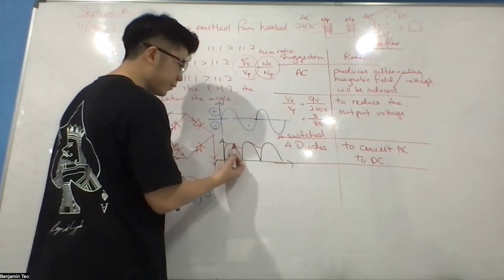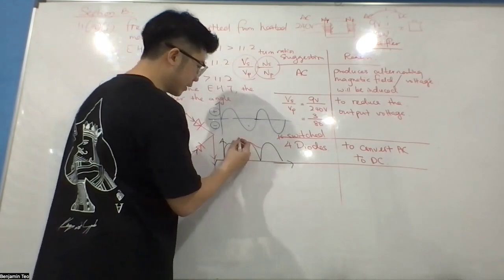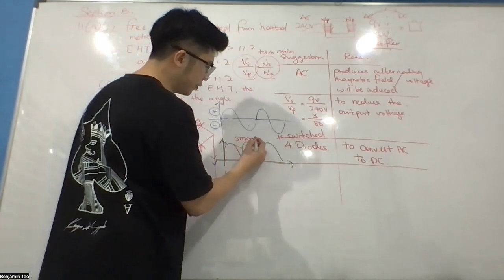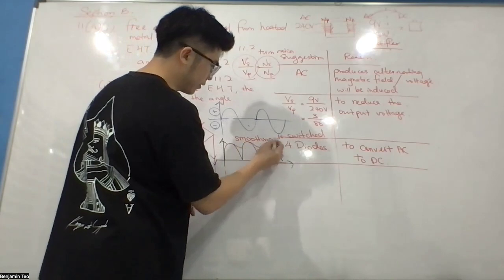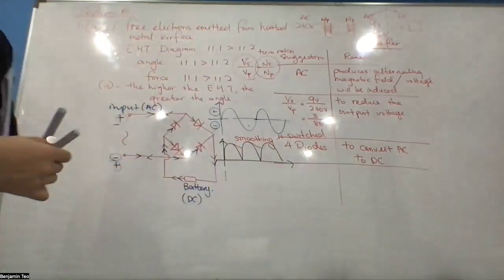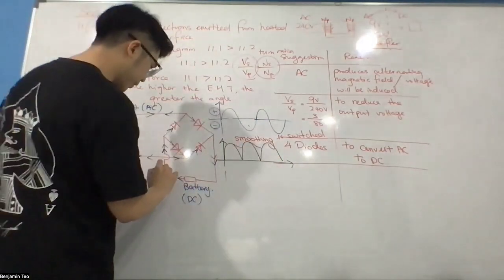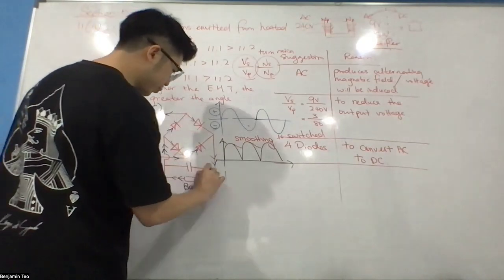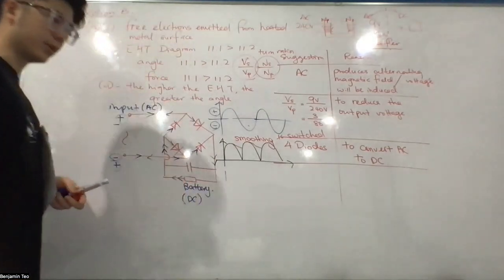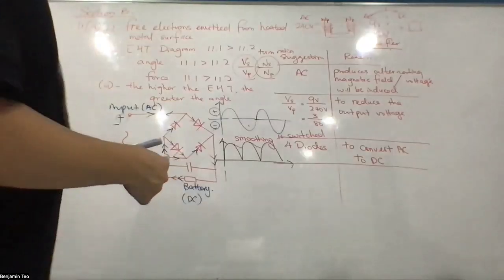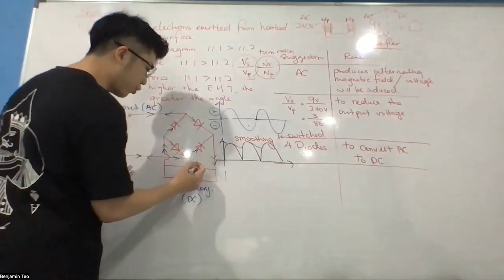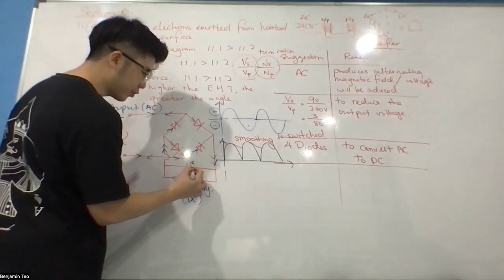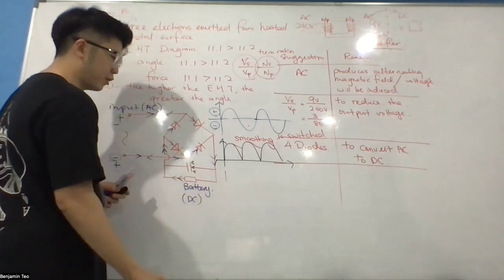Okay. So how do we make this happen? This we call smoothing. How do you smooth the current out? You put a capacitor over here. The capacitor must be parallel to the battery or any component. The function of the capacitor is that it stores charge. It will store electrons here.